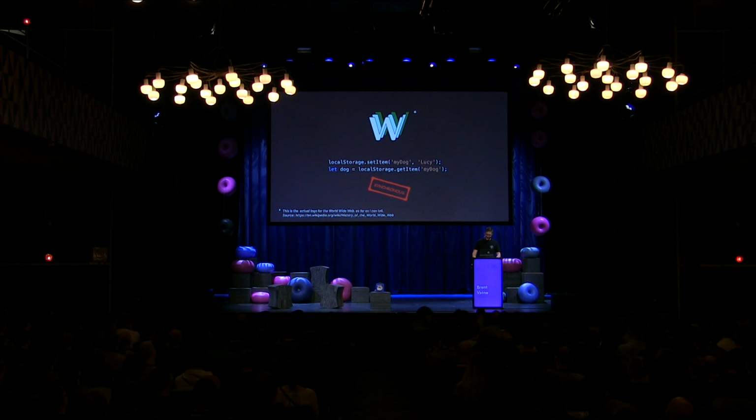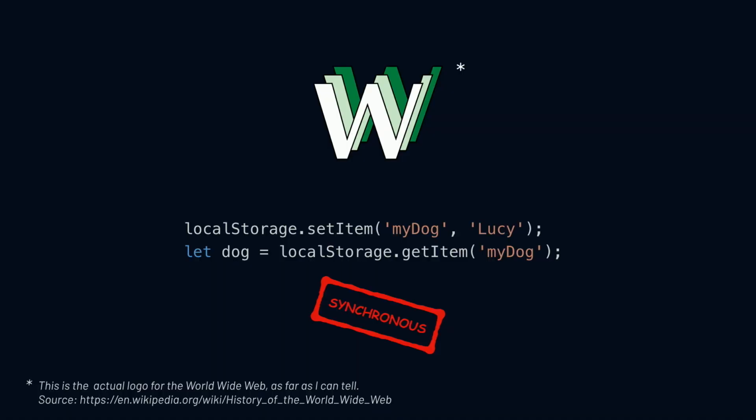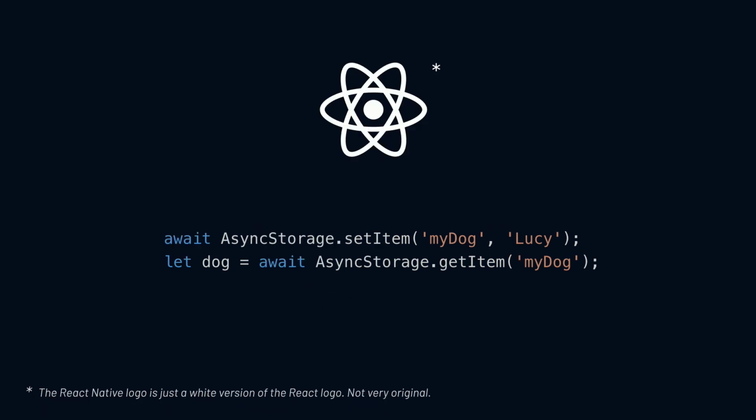Pretty great. So you call localStorage.setItem, it returns synchronously, and when that function has returned, you know that this is done. You get this value back, you have this variable that now stores the value of getItem. Whereas in the React Native equivalent, it's all asynchronous.